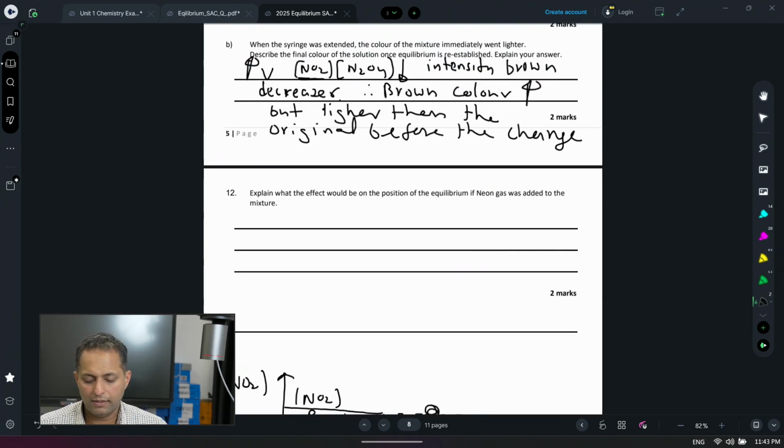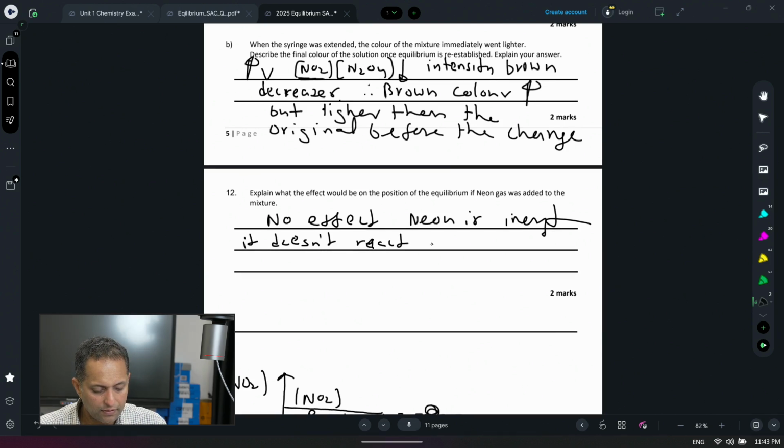It's no effect. We know that because neon is inert. It is not a reactant. It doesn't react with either NO2 or N2O4.